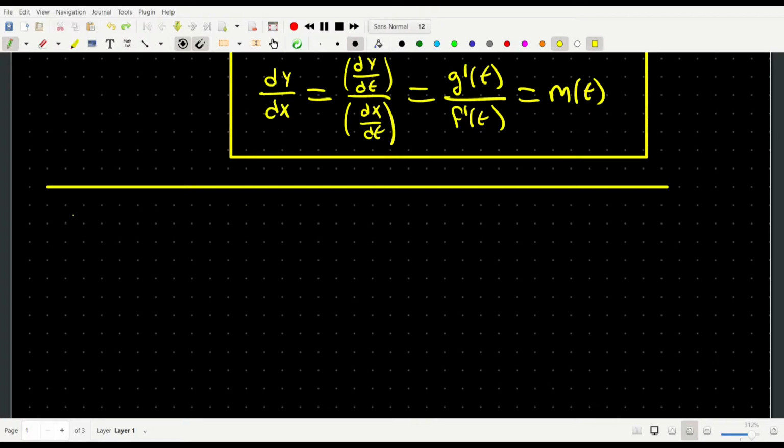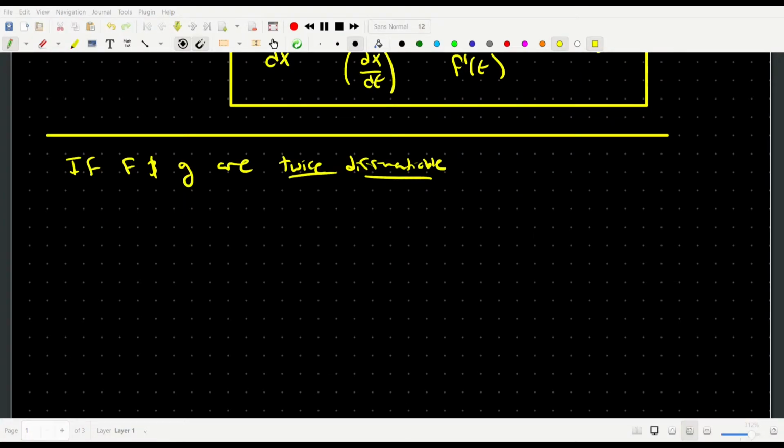If f and g are twice differentiable, so the derivatives of f and g both exist, and they define y as a twice differentiable function of x at any point where dx dt is non-zero, and y prime, we'll say, is dy dx.